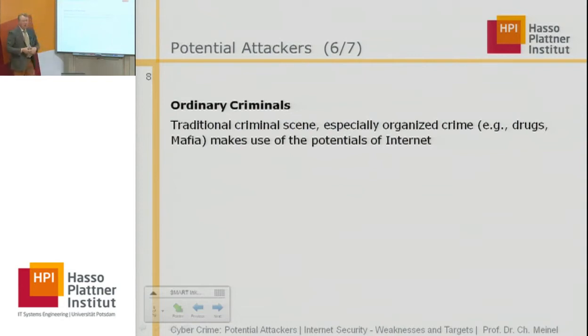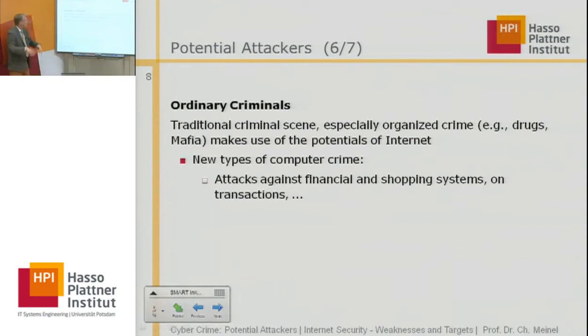So of course these people, drug mafia, falsifying medical drugs, make use of the potential of the internet because then communication becomes easy and is difficult to trace. So in this way, also new types of computer crime occur.